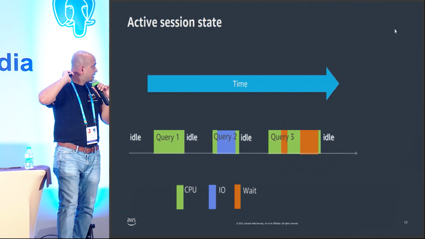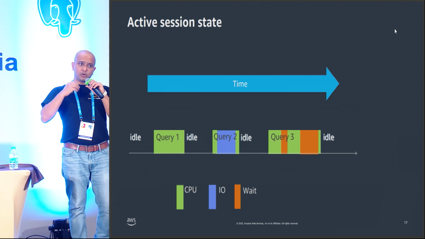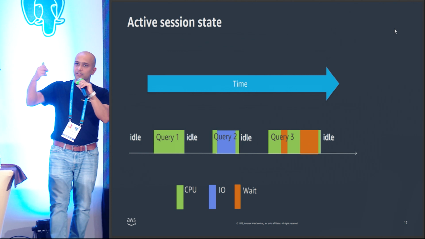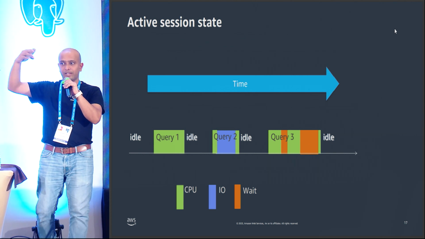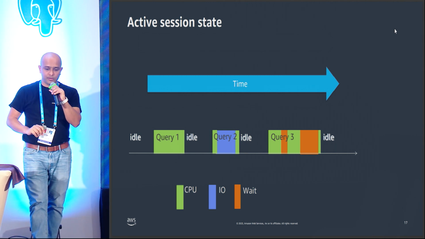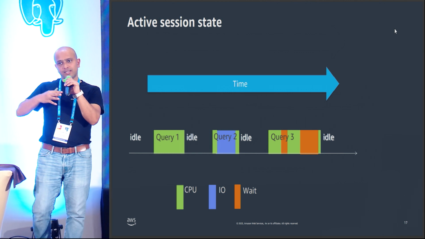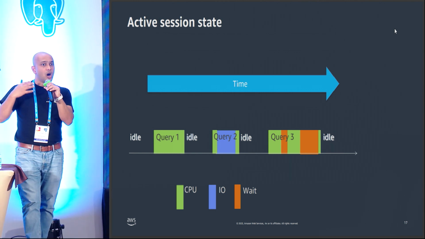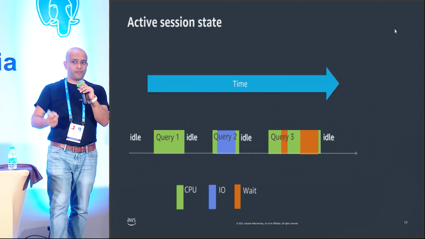Now, if you look at just the average activity, it's a good measure of how busy your system is. Is your average active sessions 1 or 10 or 50 or 100? That's what it tells you. But it does not tell you whether your workload is CPU bound, or IO bound, or mostly waiting for lock waits.